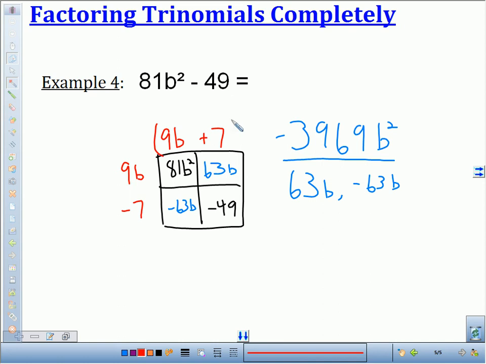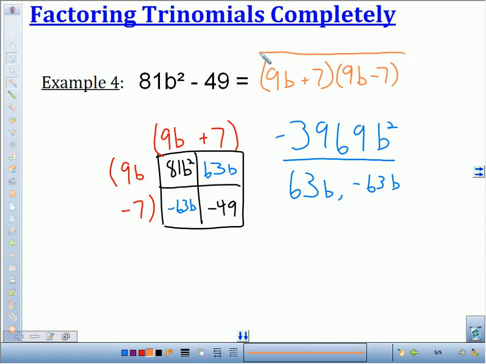So my factors then are 9b plus 7 and 9b minus 7. I didn't have a greatest common factor at first, so that is all I'm left with.